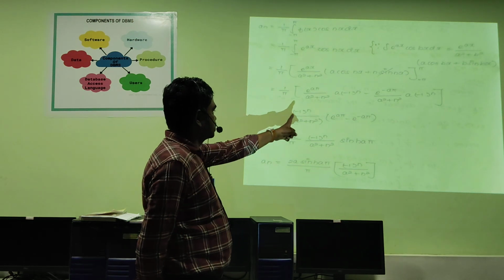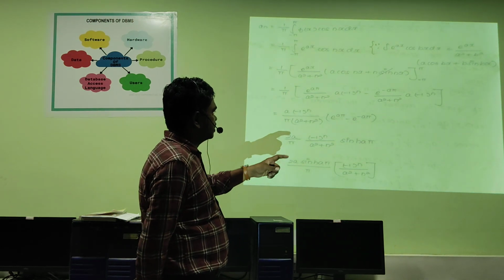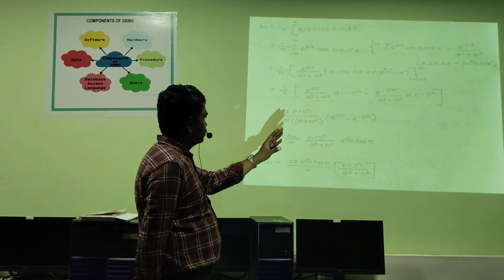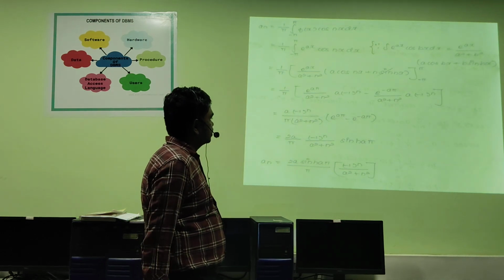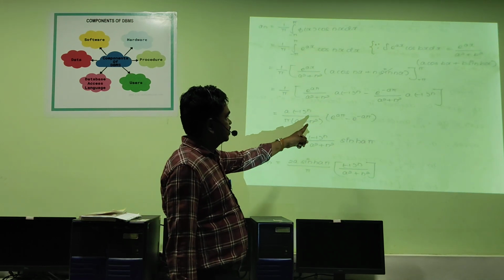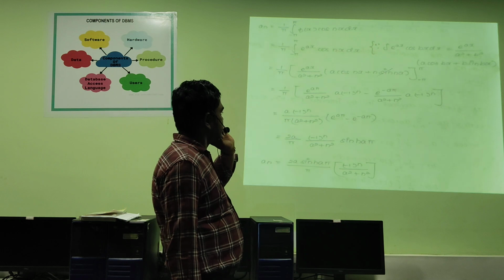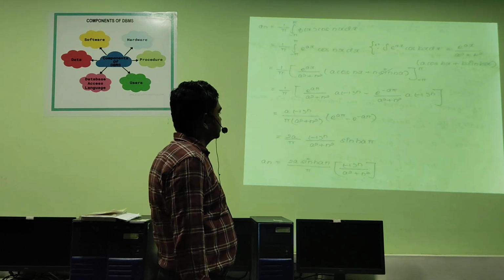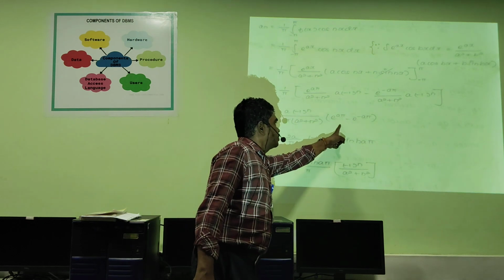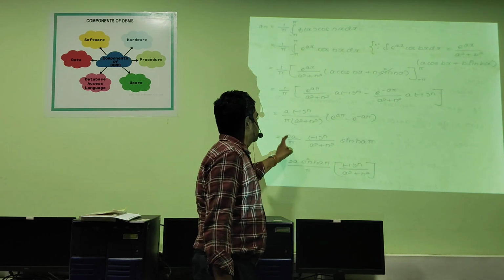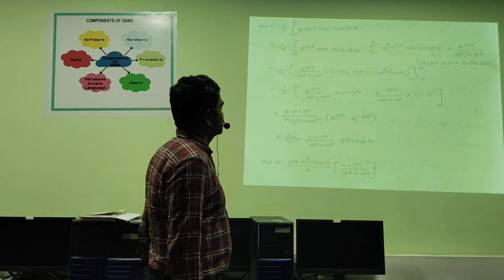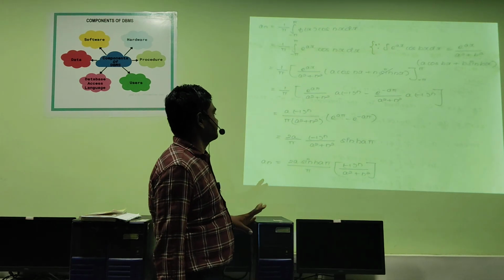In these two terms, the common term is a(−1)^n / (a² + n²). Taking it outside, the remaining grouped term is e^(aπ) − e^(−aπ). Making the adjustment of dividing and multiplying by 2, (e^(aπ) − e^(−aπ)) / 2 is sinh aπ.